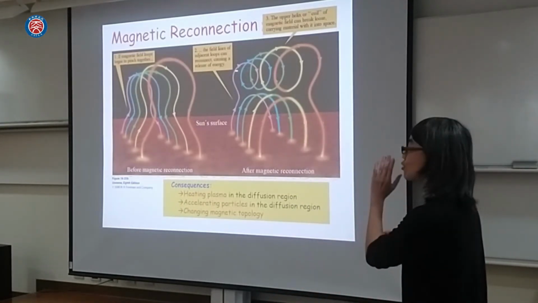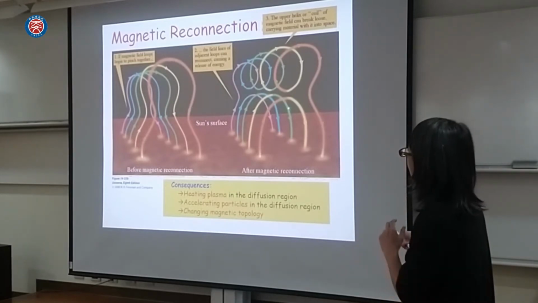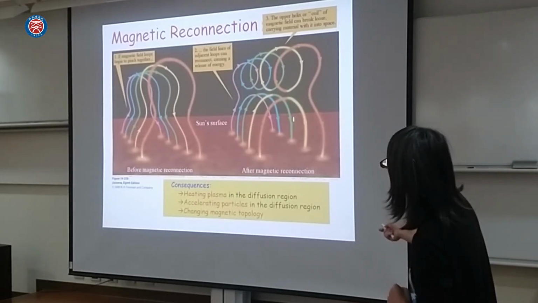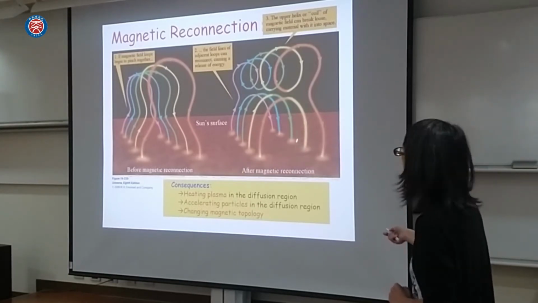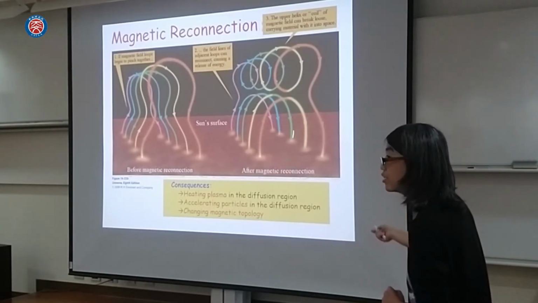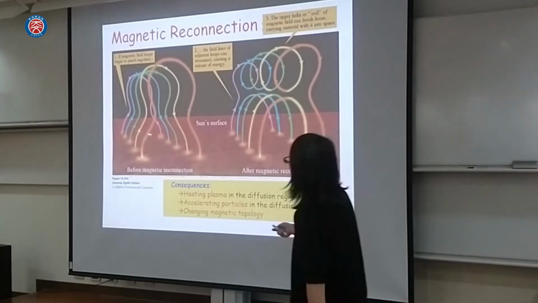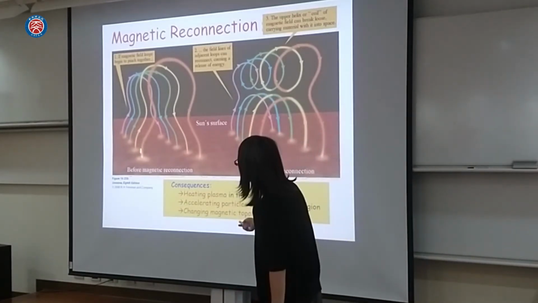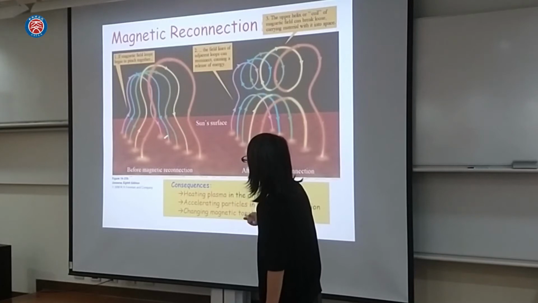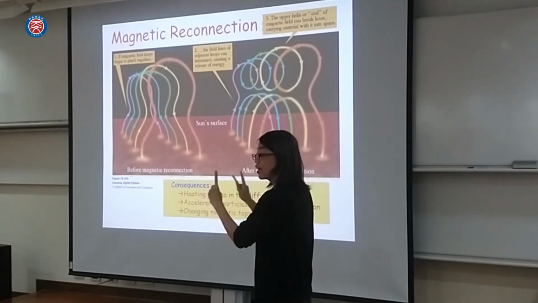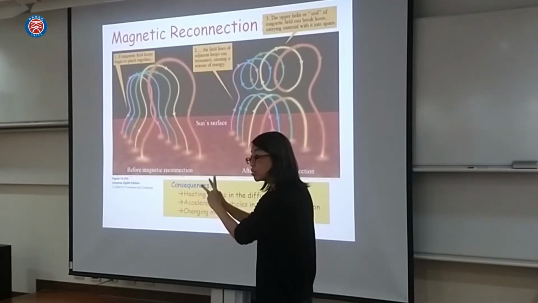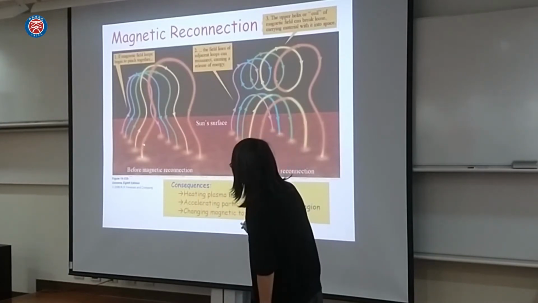When magnetic reconnection happens, you can see something like an arcade field just below the reconnection site. What I mean is you can see this field line and this field line, these two anti-parallel field lines, move closer together.